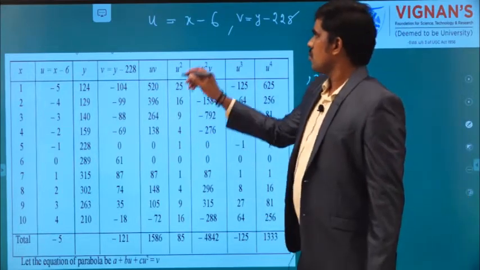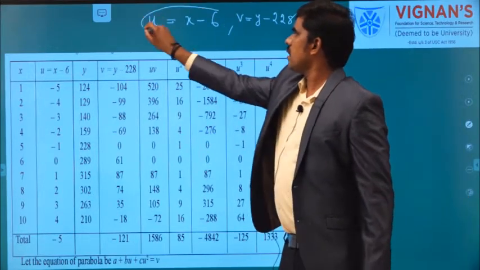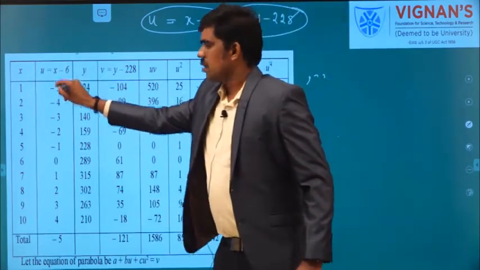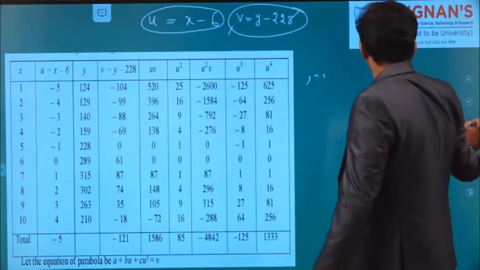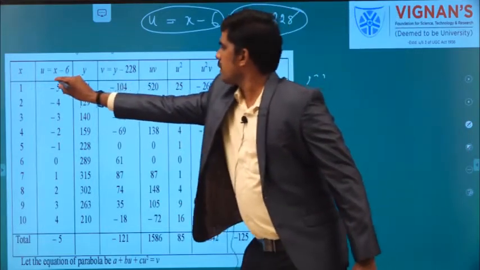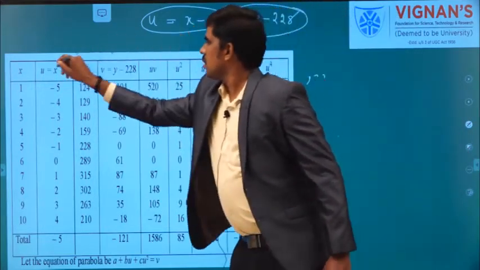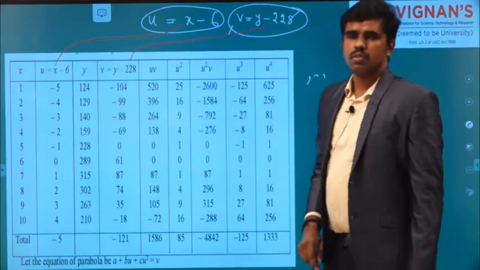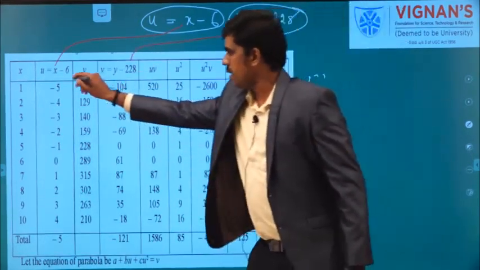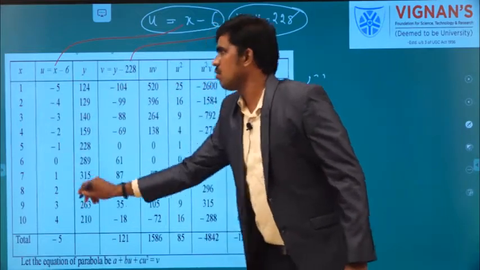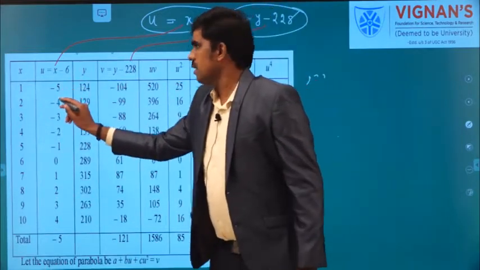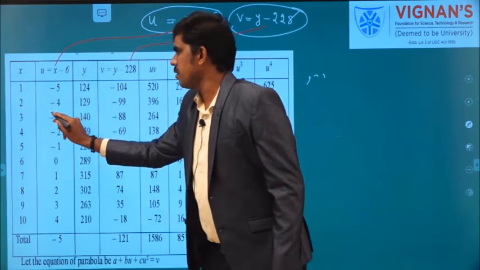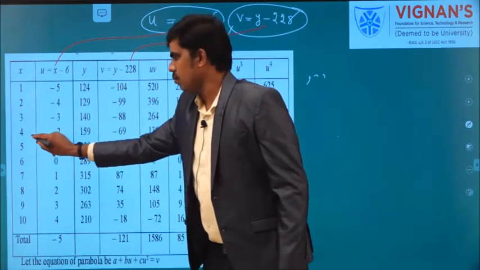So you add additional columns to find u and v. You see u is equal to x minus 6 and v is equal to y minus 228. So you find all the u values, you know how to find the corresponding x minus the fixed 6: 2 minus 6 is minus 4, 3 minus 6 is minus 3.